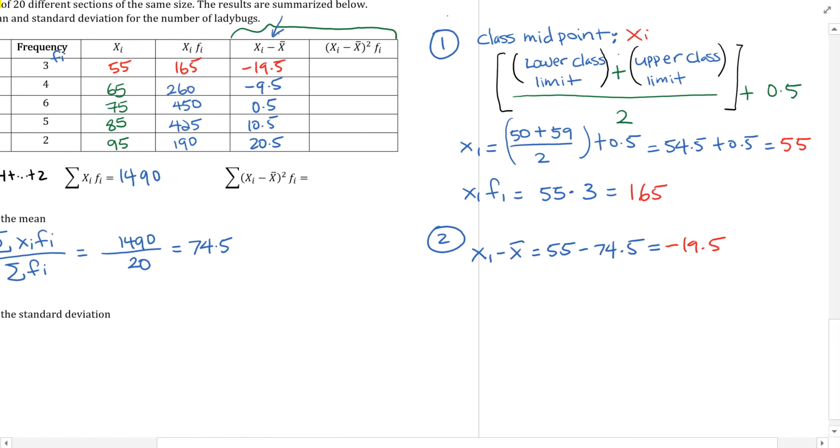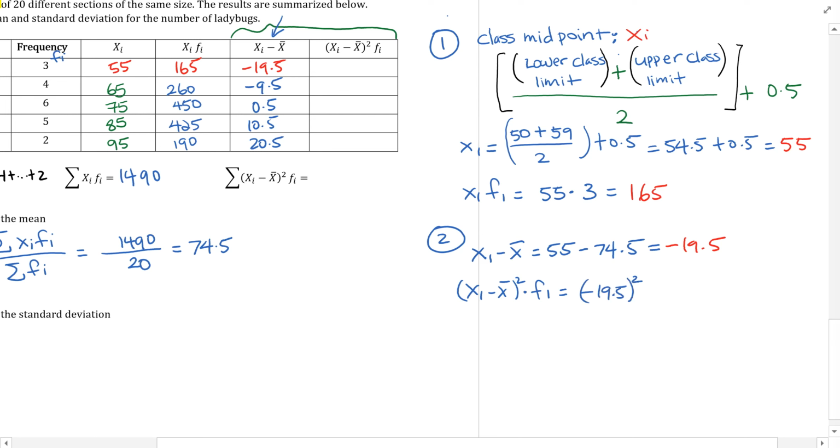So let's do this one here. I would have x1 minus x bar quantity squared, and then I multiply that by my f1. My x1 is the first row, 55. 55 minus x bar, I've calculated that already, that's negative 19.5.